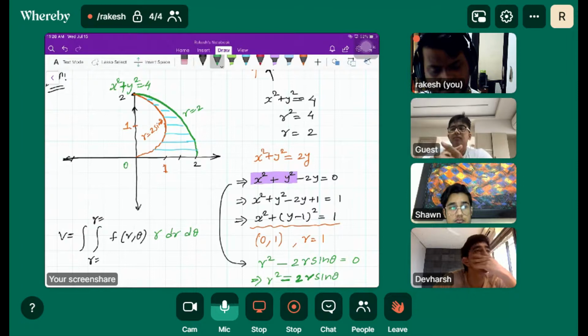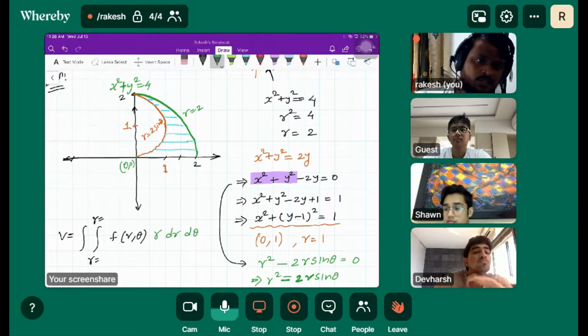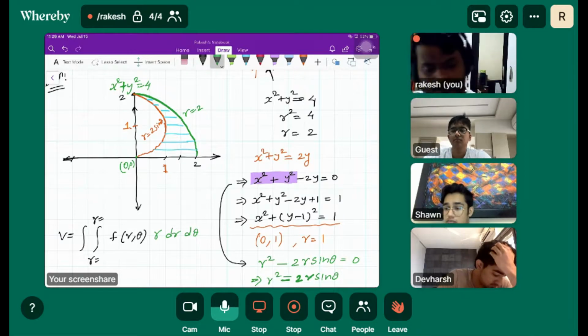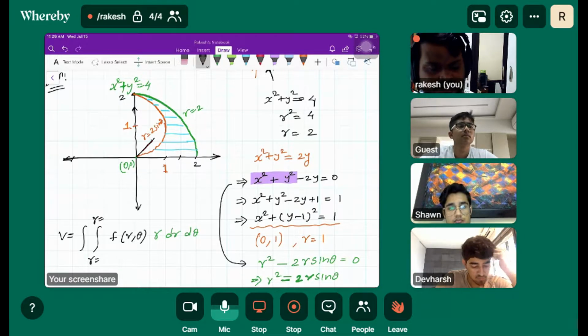So we start from here, and we go in any random direction, but it should go through the region. It should enter the region. If we go along this direction, am I inside the region right now? No. So I'll not notice anything. Once I enter the region, I'll start noticing the r value.